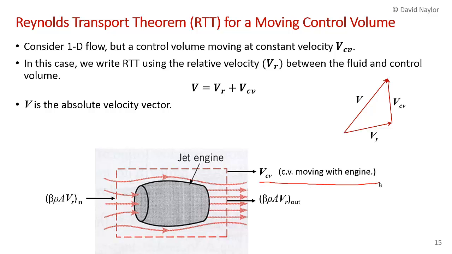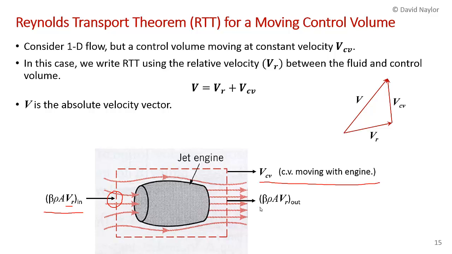And so in this case, we write Reynolds Transport Theorem, but we need to use the relative velocity between the fluid and the control volume. So we have, on the left-hand side here, a flux of this property B into the control volume, but it depends on the relative velocity at the inlet between the fluid and the control volume.